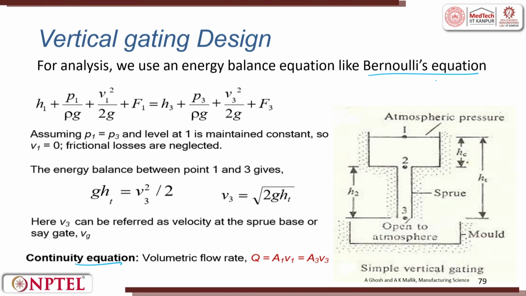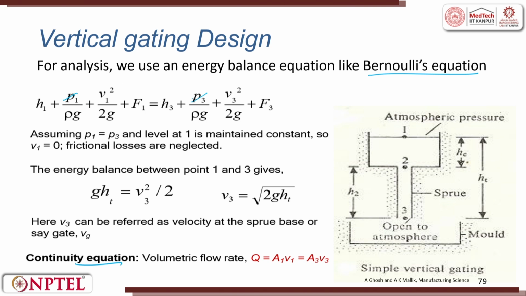So, the Bernoulli's equation is written as H1 plus P1 by rho g plus V1 square by 2g plus F1 is equal to H3 plus P3 by rho g plus V3 square by 2g plus F3. Now, in the vertical, P1 and P3 are atmospheric, and the level 1 is maintained constant.